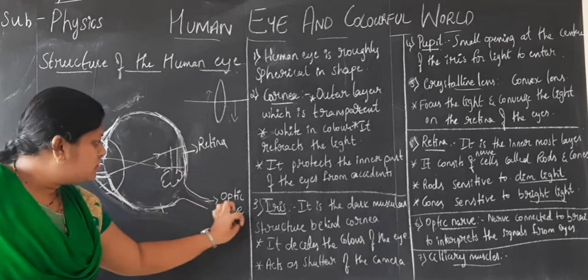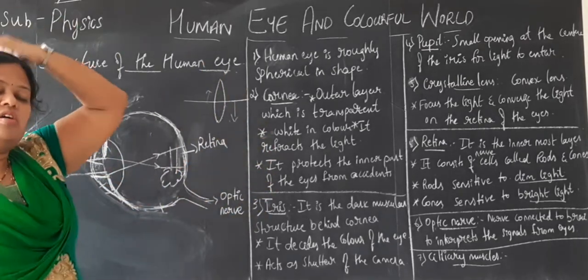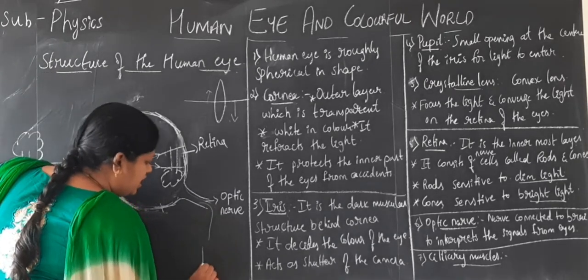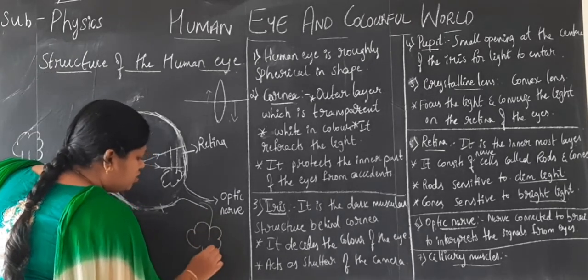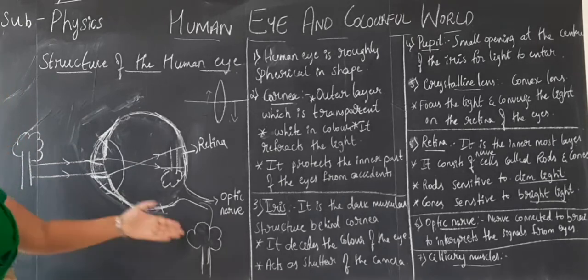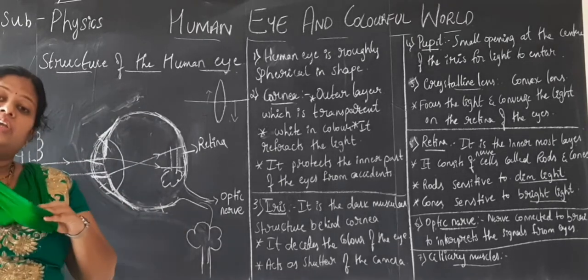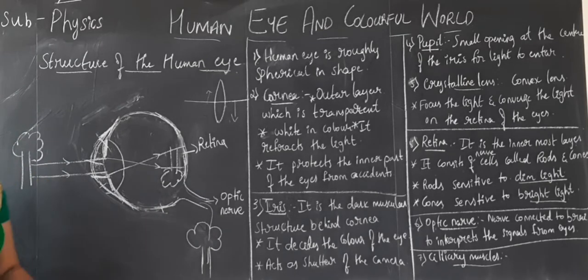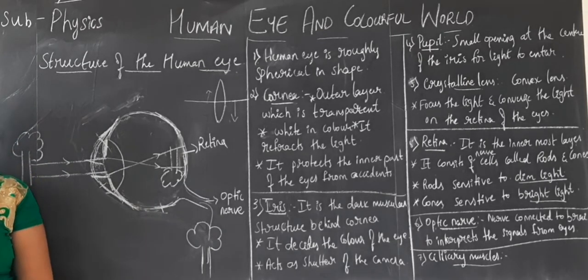All these signals through the optic nerve will be passed on to our brain, and in the brain what you see is the erect image of the object. The signals interpreted by the brain, passing through the optic nerve of the eyes, will make the object look erect, children.